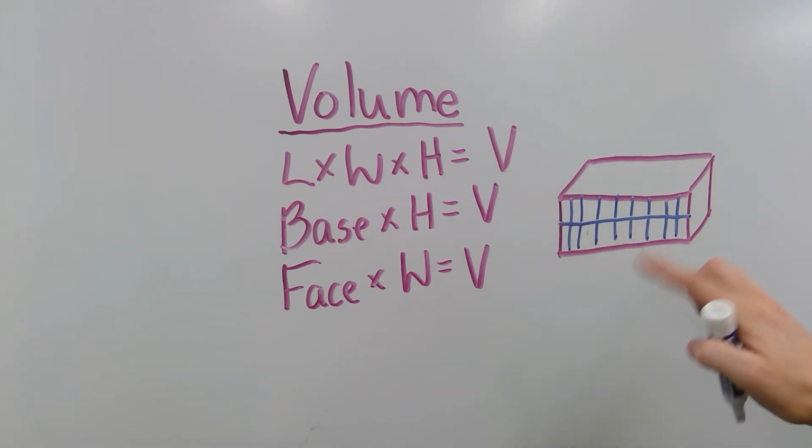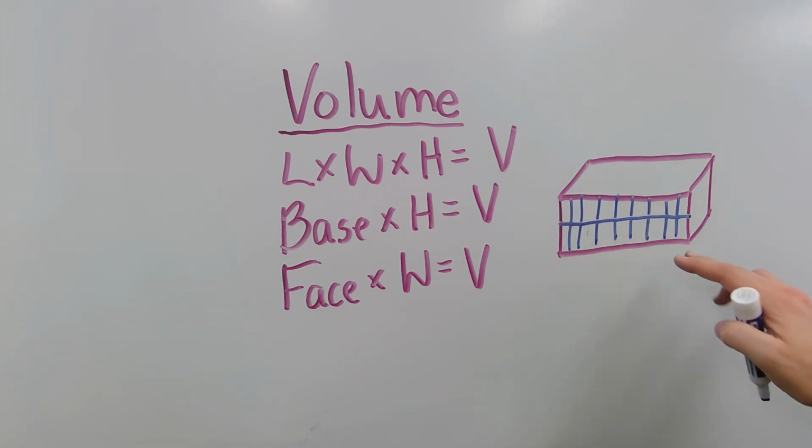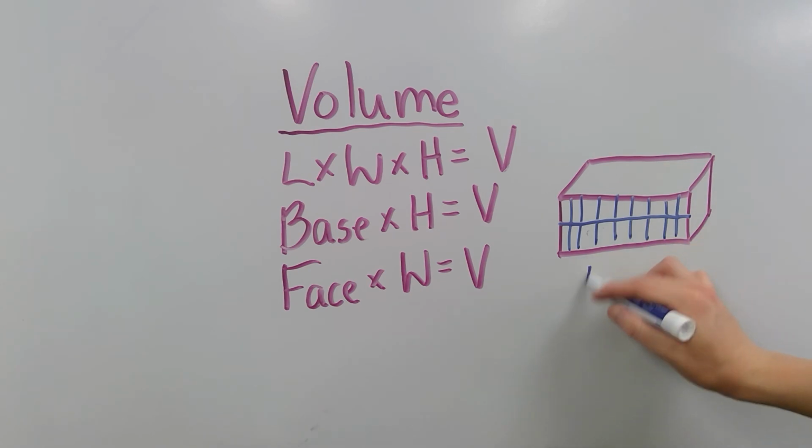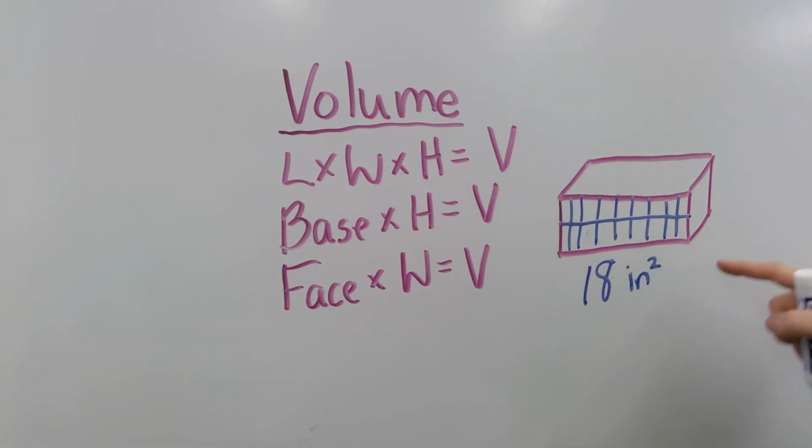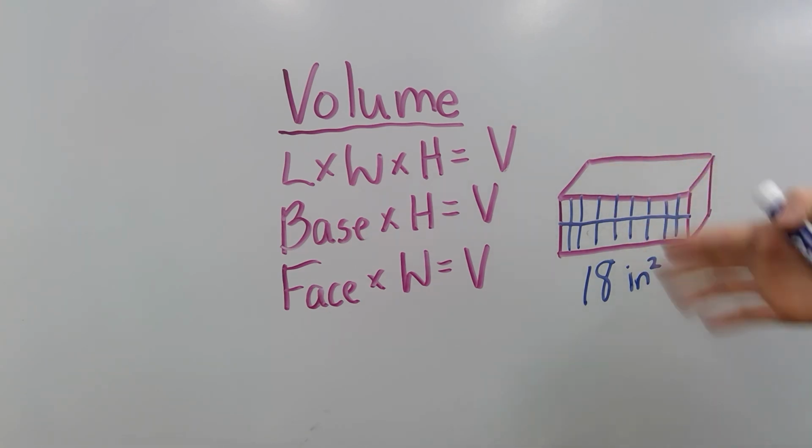So there are 18 squares. So the face was 18 inches squared. And that means that's on the front layer.